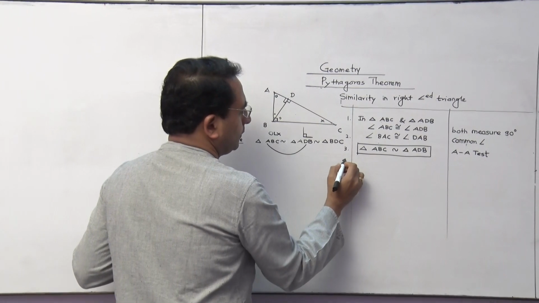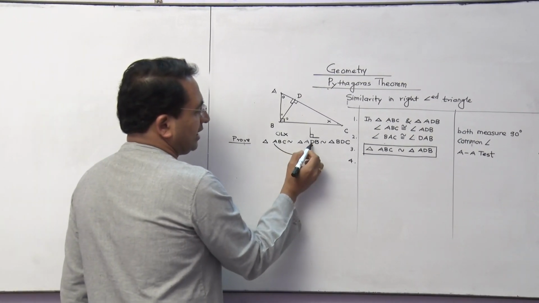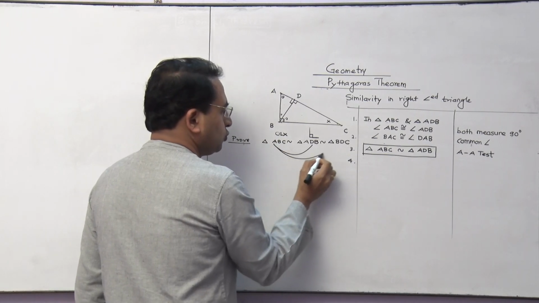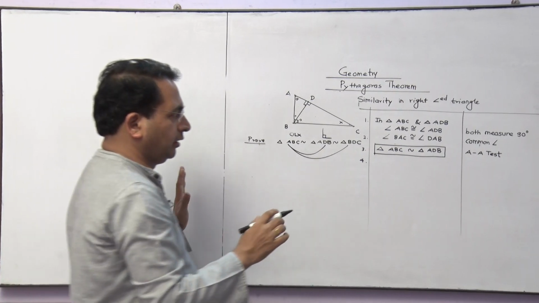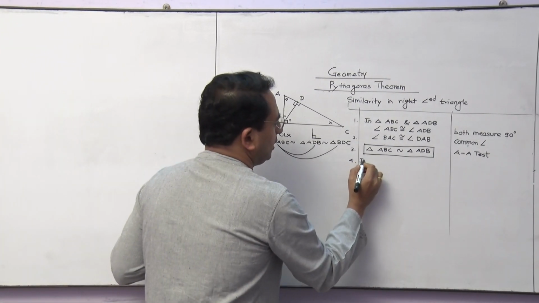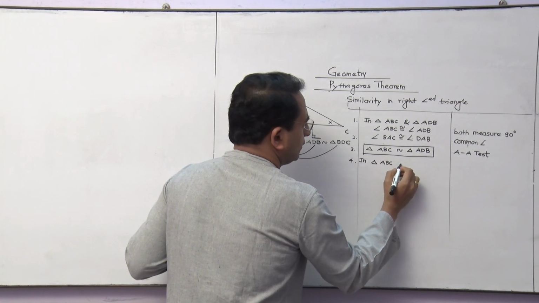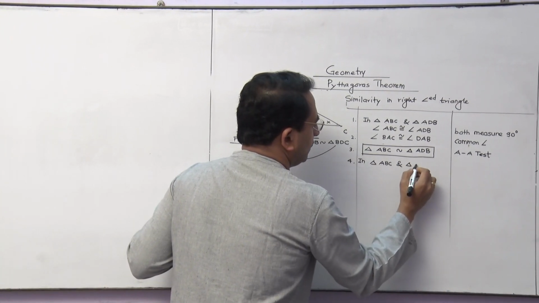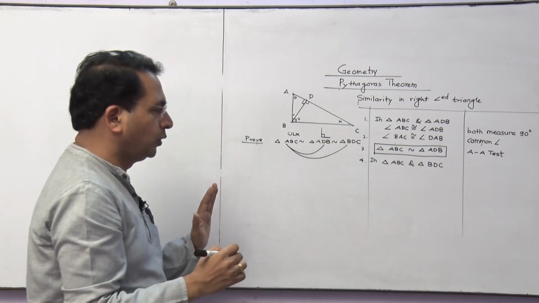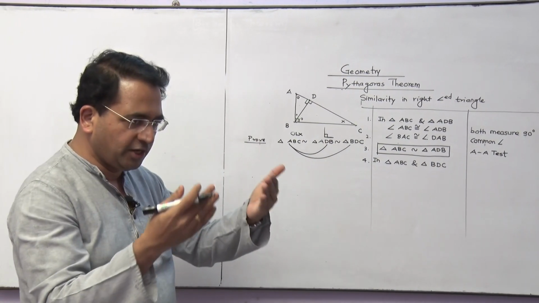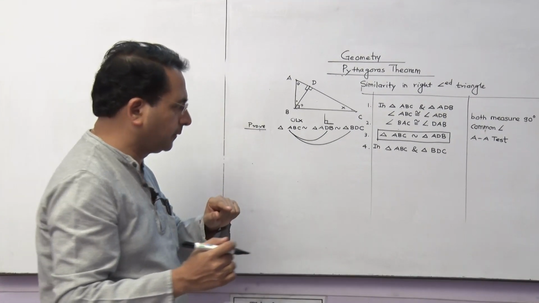Now number 4. As I have taken the first and second triangle, now I will go for these two. The procedure is exactly identical. In triangle ABC and triangle BDC, whatever I have explained to you in the first set, I will be following the same thing here.